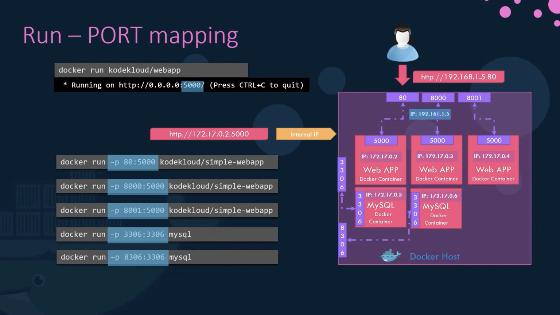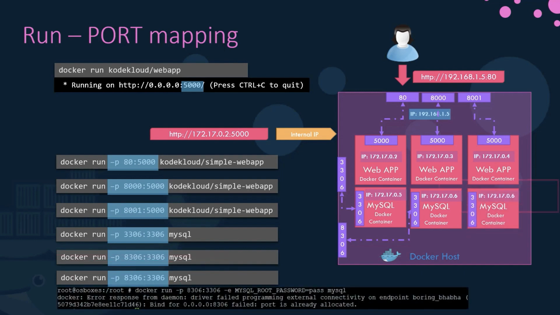So you can run as many applications like this and map them to as many ports as you want. And of course, you cannot map to the same port on the Docker host more than once. We will discuss more about port mapping and networking of containers in the network lecture later on.